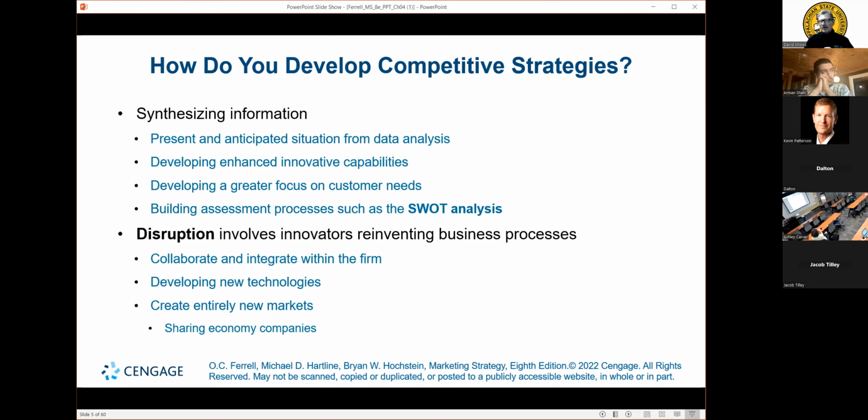So what you want to be able to do is not only reinvent outside, but internally as well. You want to collaborate within your firm, think in new ways, and create the ideas of entirely new markets.